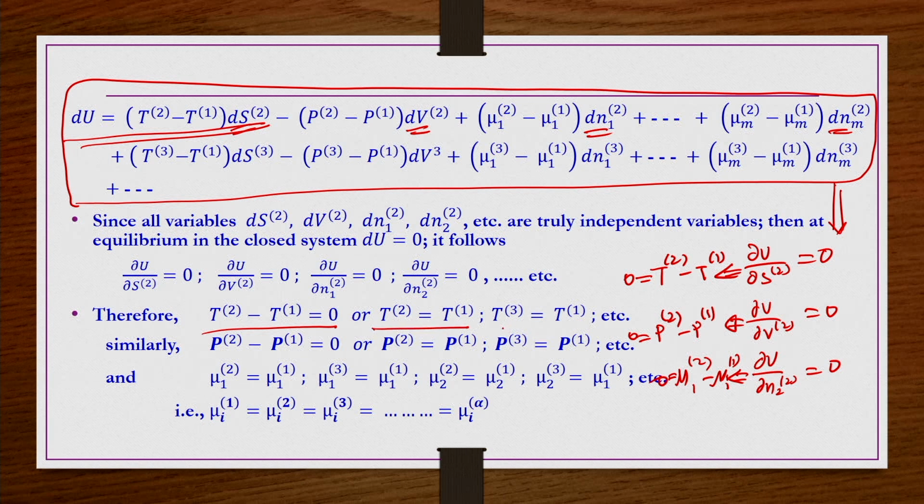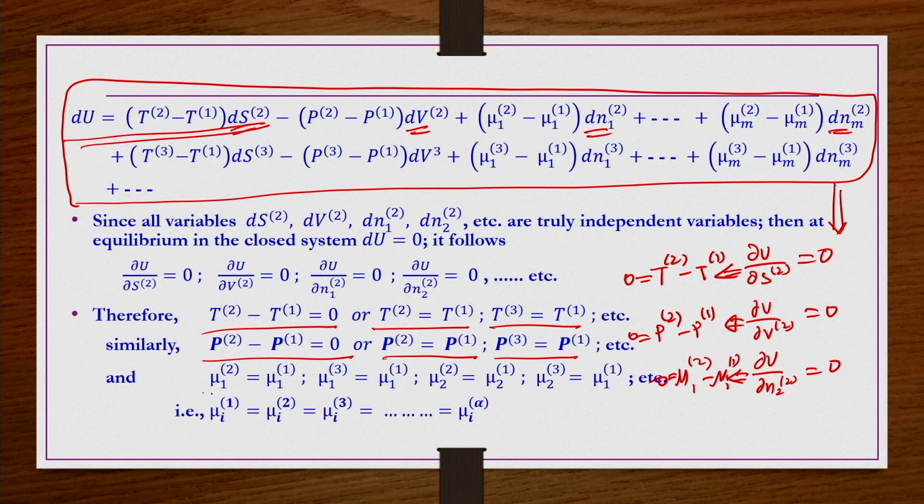Similarly, T3 equals T1, T4 equals T1, and so on. Since P2 minus P1 is 0, P2 equals P1, P3 equals P1, and P4 equals P1. Like that you get many other equilibrium relations.